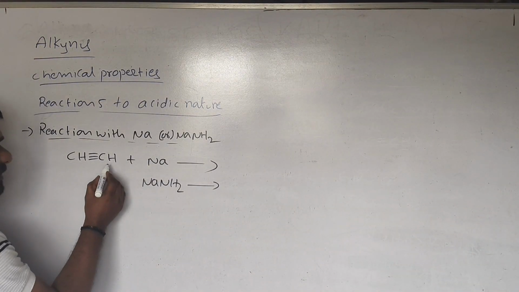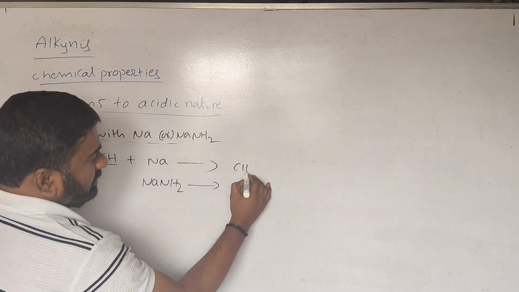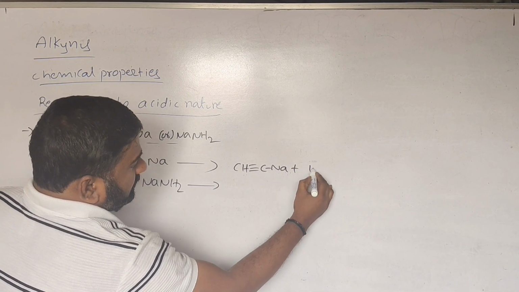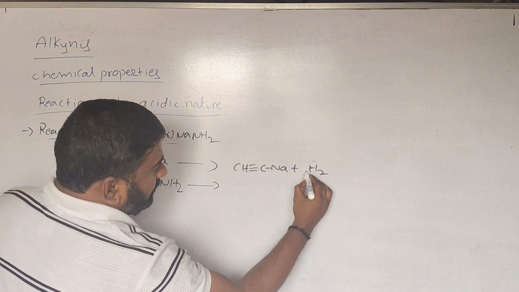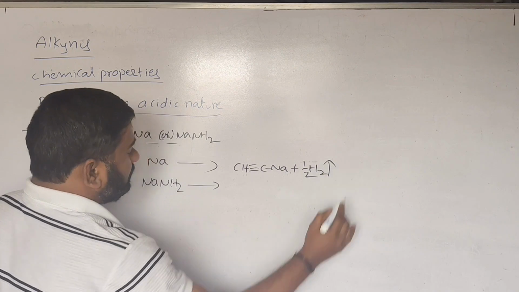Here also the hydrogen is replaced by Na, giving CH triple bond C Na, and the hydrogen is removed in the form of H2.